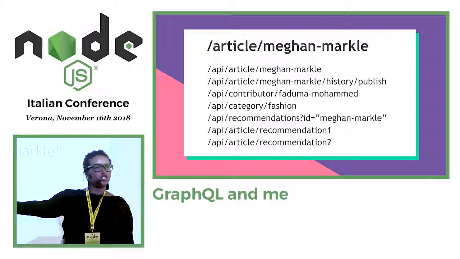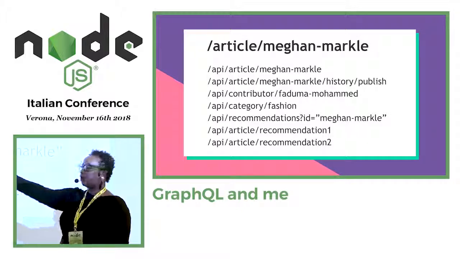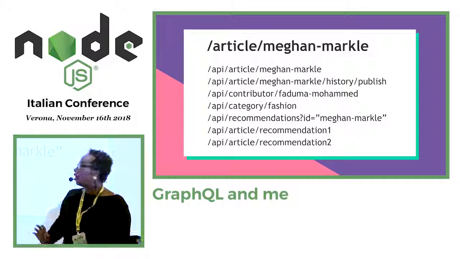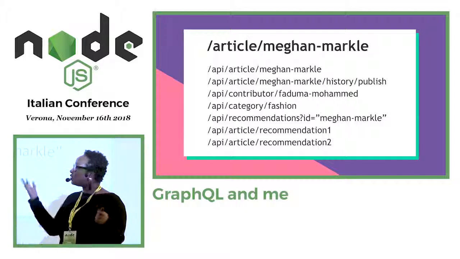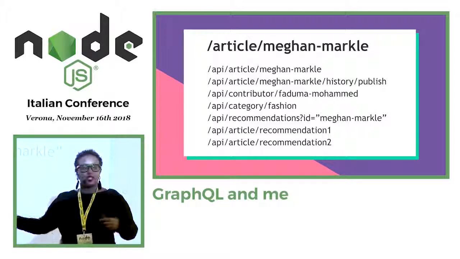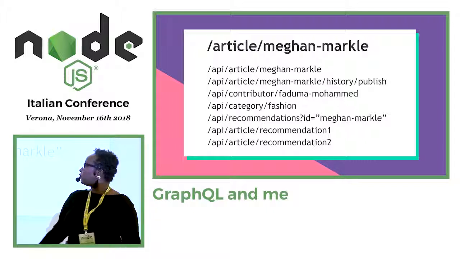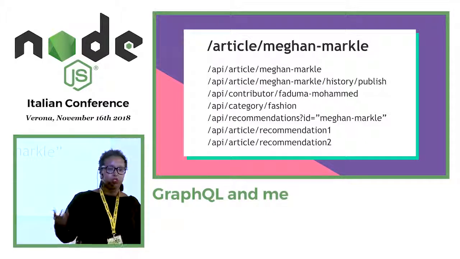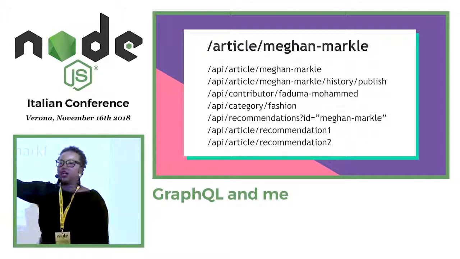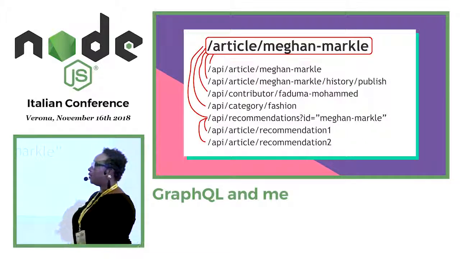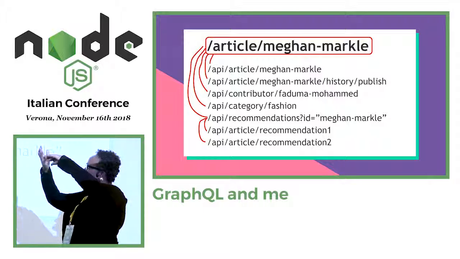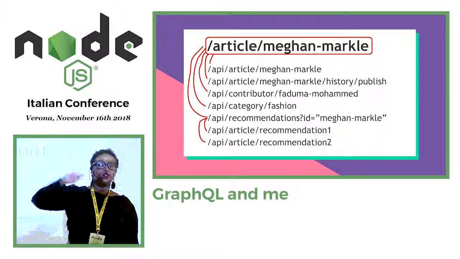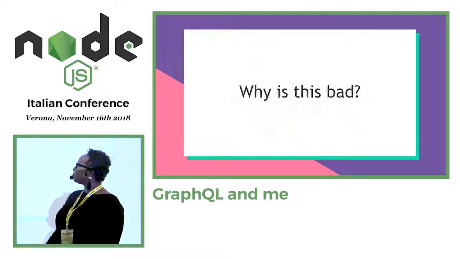We need to go get the contributor, Faduma. We have to go get the categories, what category this article is in. We need to get some recommendations for this article. And with the recommendation API, it only sends IDs for the articles, so we have to fetch all those articles as well. And then we'd have to smush all this data together to present this Meghan Markle article.